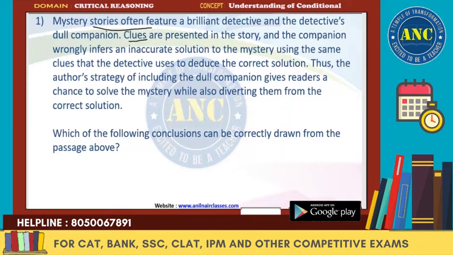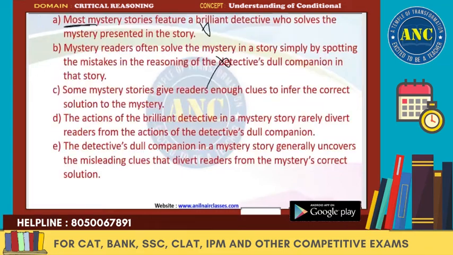Now, if you combine this with the last statement, that the author's strategy of including and so on and so forth, right? This answer is proven by facts. Hence, this option, some mystery stories give readers enough clues to infer the correct solution to the mystery, is the correct one.